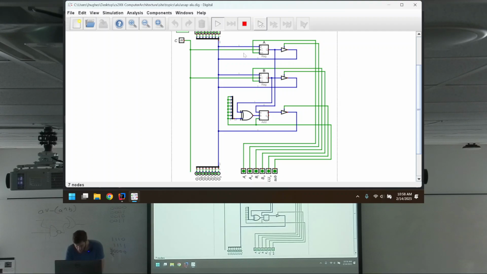And then I'm going to put nothing on the bus. But I'm going to output the sum.